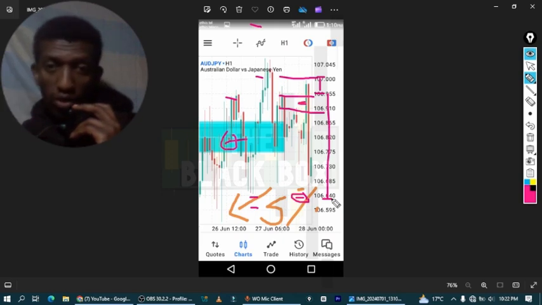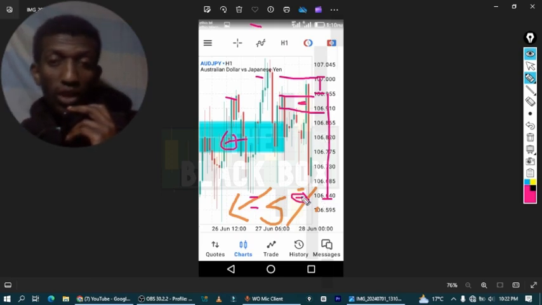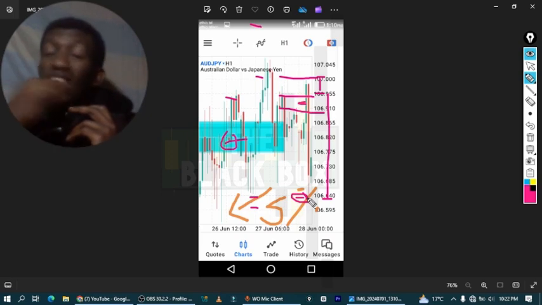It's beautiful. And I'll take my partial at TP2. I don't know, 40% or something. After this, because this is a huge move by itself, you might think to take the whole of your money out.